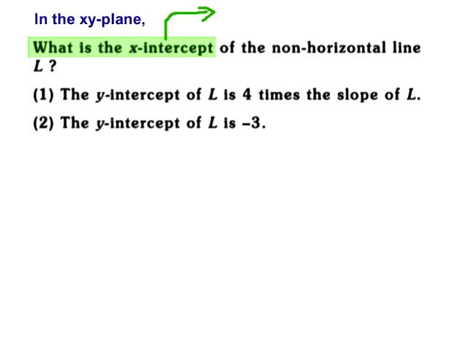So when you see this, that's what you should anticipate. Literally as soon as you see this, think, I need to find the x-intercept, and I'm not going to find the equation of the line.